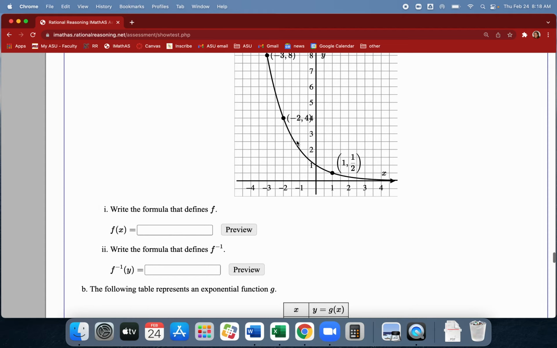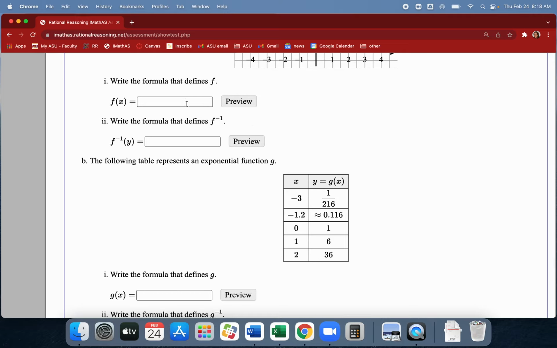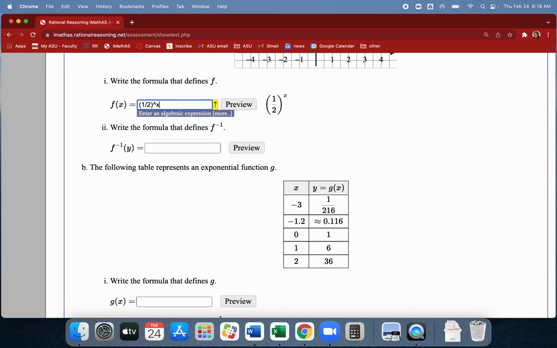But just notation-wise, if I call the first one, instead of calling it y, if I call it f of x, the formula part is the 1/2 to the x.